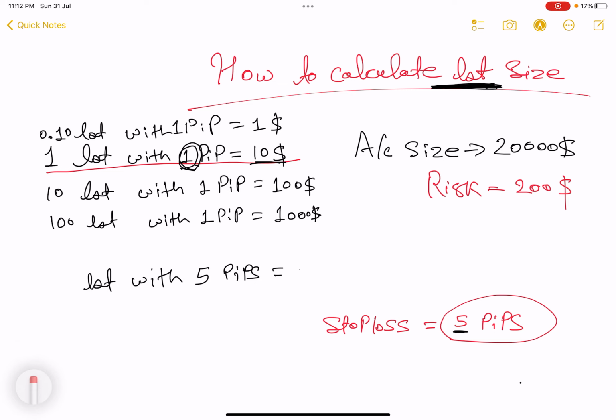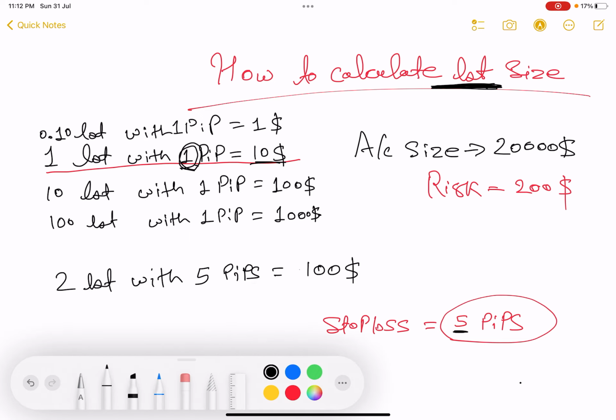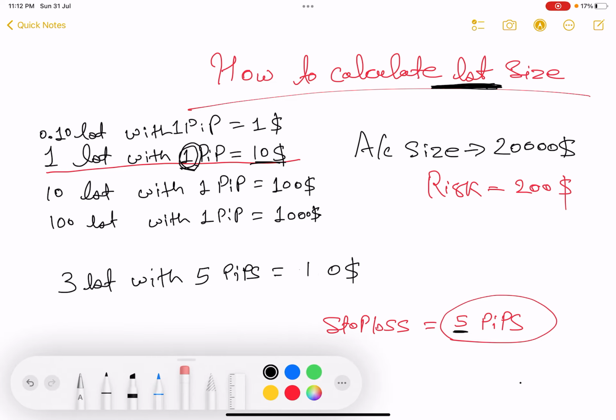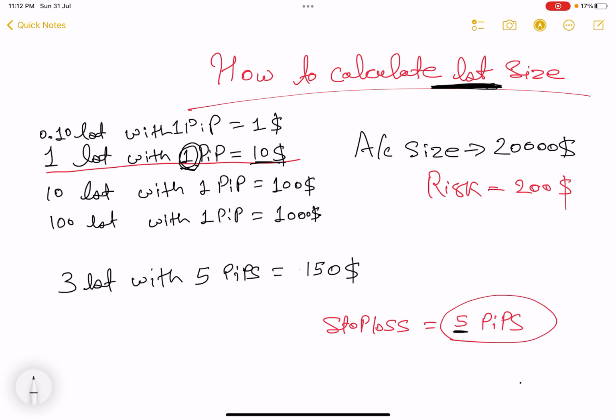Let's say I write down 2 lot with 5 pips, so it will be double, right? It will be $100. Now if I write down 3 lot, it will become $150.